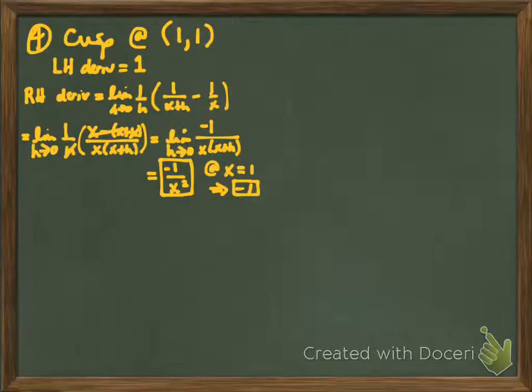So the left-hand derivative was 1, and so we write, since 1 does not equal -1, tell me what to write. f prime at 1 does not exist. And you can put capital D, capital N, capital E as your does not exist. Woo! Good work. And that is your intro.